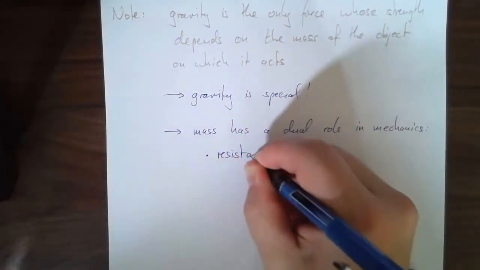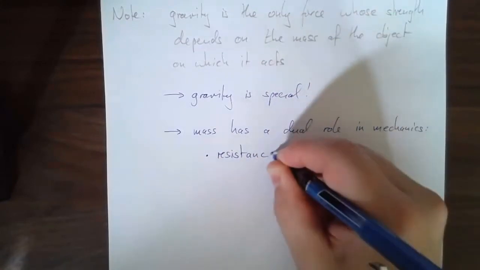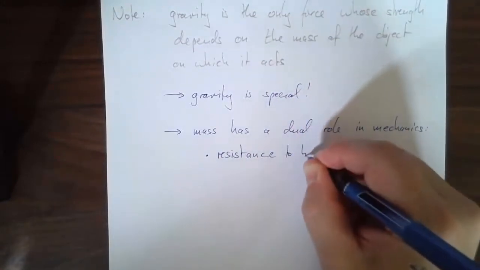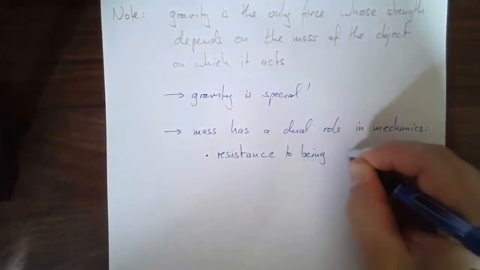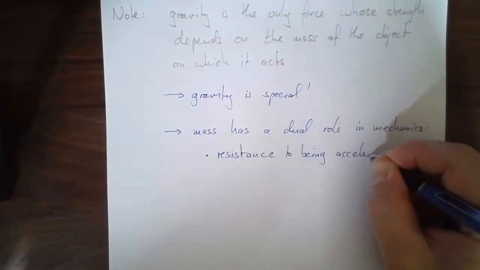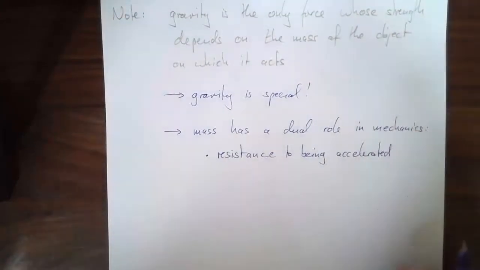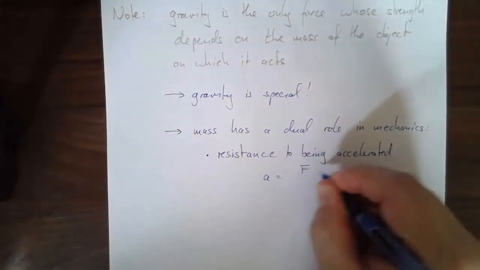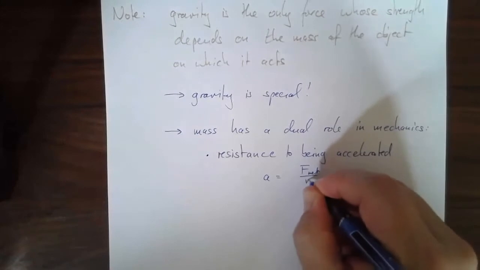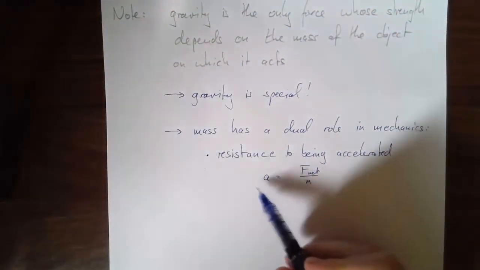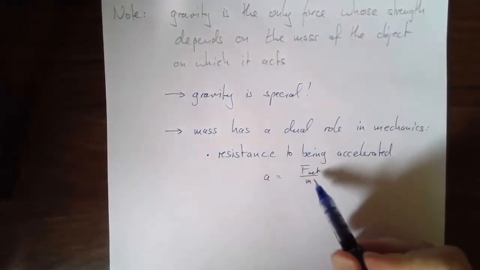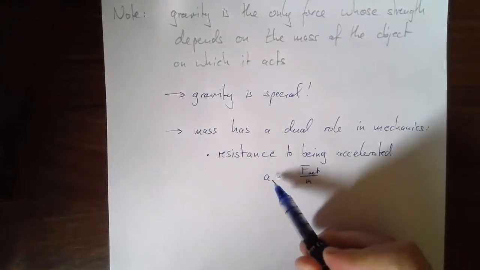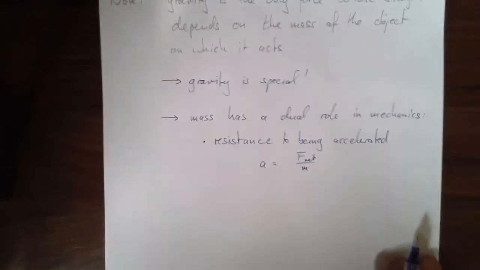This is the mass in Newton's second law. Resistance to being accelerated. a is the net force divided by the mass. So bigger mass, lower acceleration. So the mass of an object determines how hard it is to make it go.